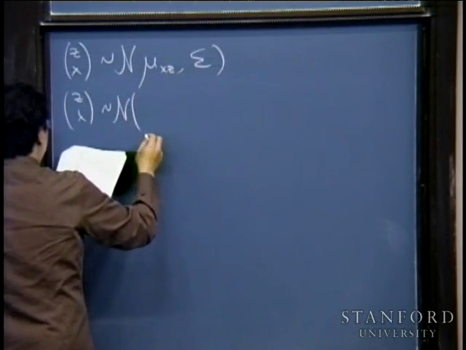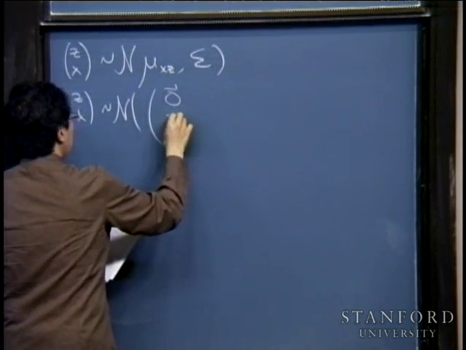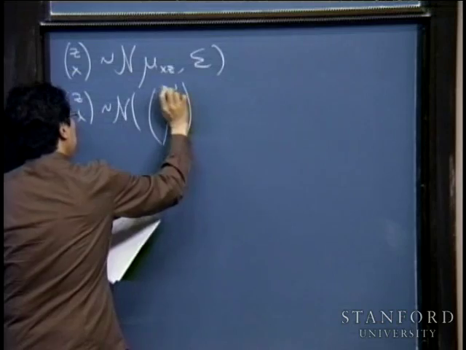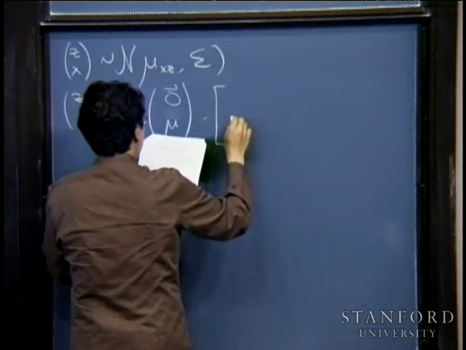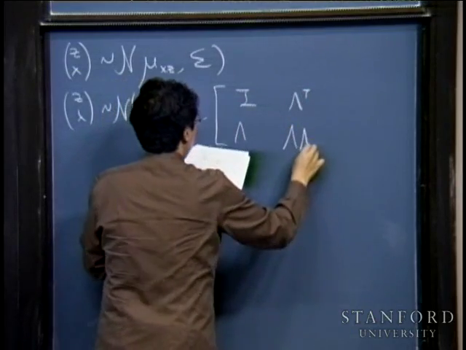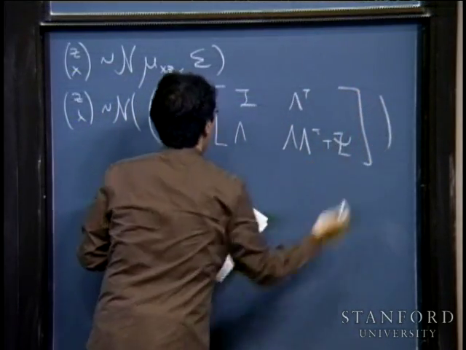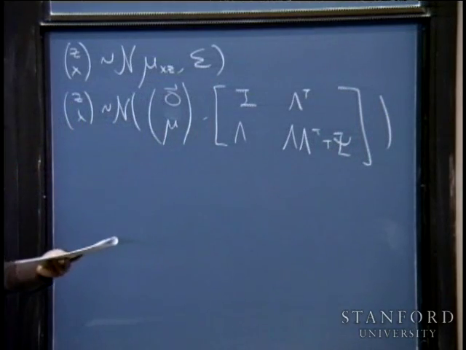And if you write out what those two things are, this vector mu xz is a vector of zeros appended to the vector mu, and the matrix sigma is this partitioned matrix. Okay, we also worked this out last time.